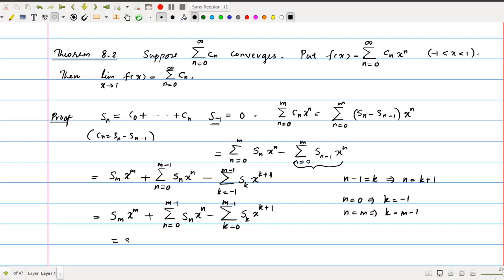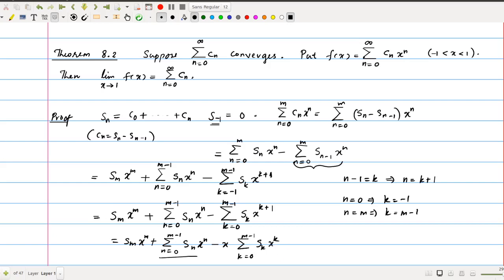Then that will be S_m x^m, this is the first term, and summation n equal to 0 to m minus 1, S_n x^n. And if we take one x from the second sum, we get x times summation k equal to 0 to m minus 1, S_k x^k.